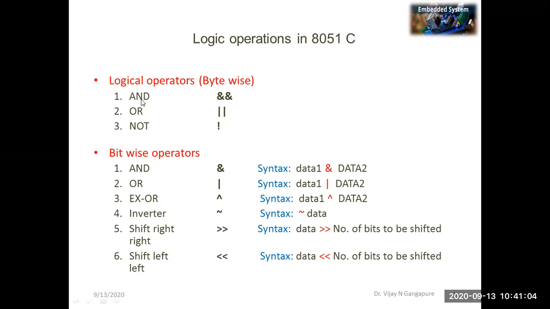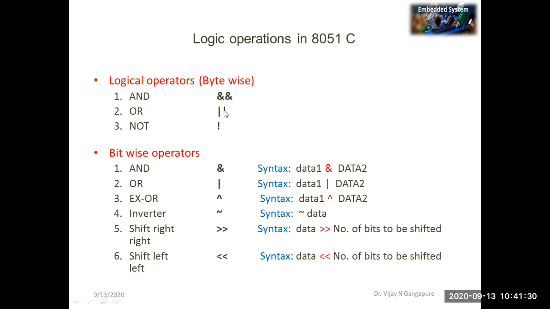For the AND operation, the operator is a double ampersand. For the OR operator, double bar is the operator in C, and for NOT, that is the inversion operation, the exclamation mark is the operator.